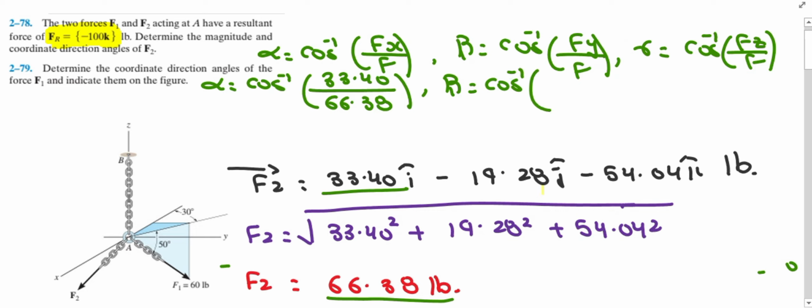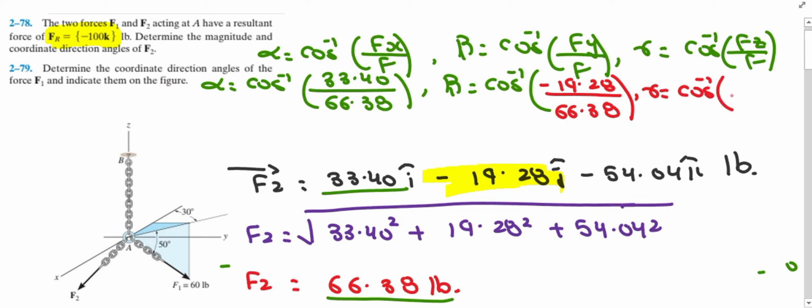The value of Fy is negative 19.28, so it will become negative 19.28 divided by F, and the value of F is 66.38. Similarly, the value of gamma, which is equal to cos inverse the value of Fz, it is negative 54.04, and the value of F is 66.38.